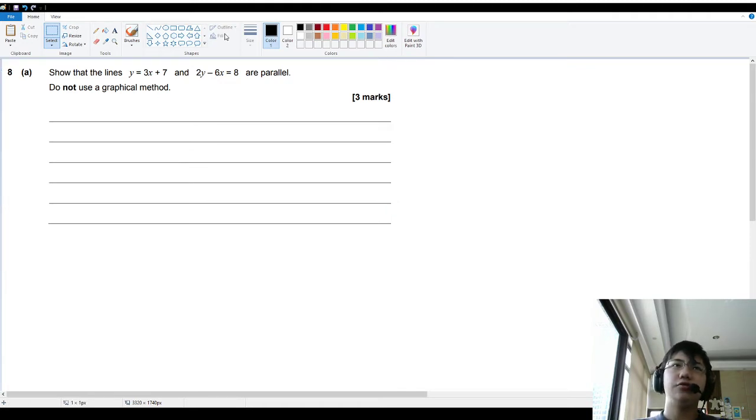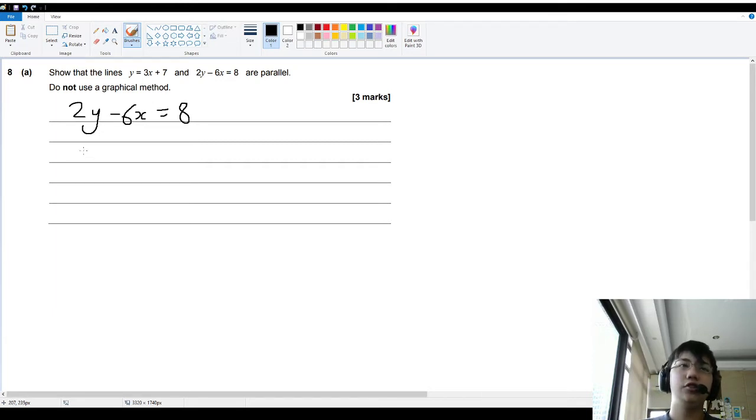So first of all, we need to show that the lines y equals 3x plus 7 and 2y minus 6x equals 8 are parallel. And we are not allowed to use the graphing function on our calculator. So to solve this, we could arrange 2y minus 6x equals 8 from general form to gradient intercept form.